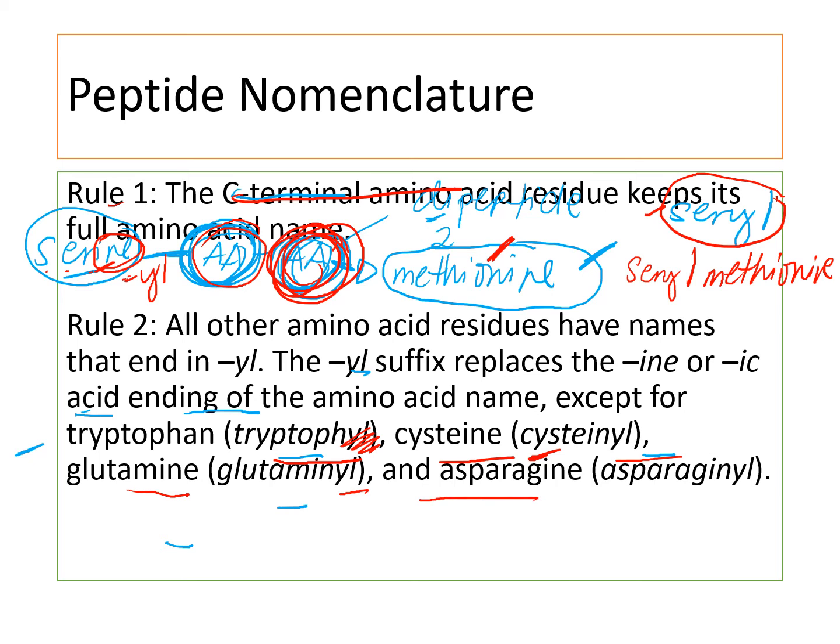And asparagine, asparaginyl. So if we have two amino acids here that are bound by peptide bonds, again, this is termed as dipeptide.